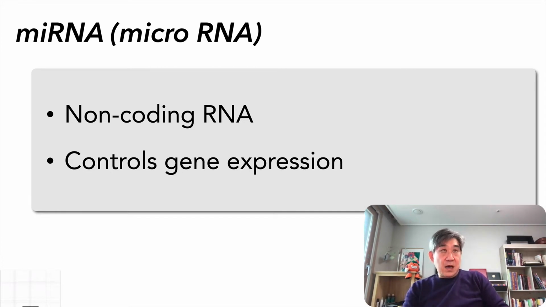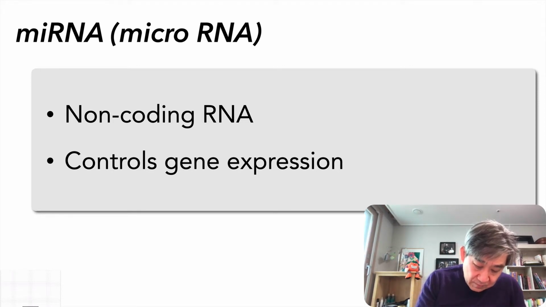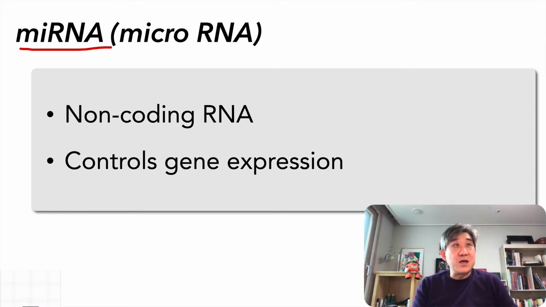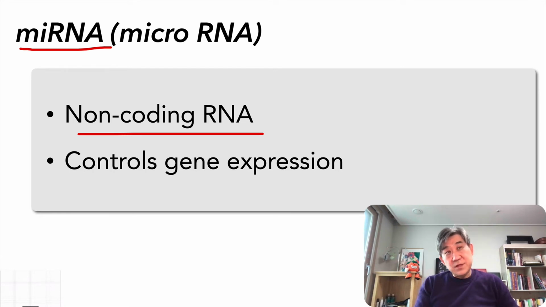One is called the microRNA, abbreviated as miRNA. These microRNAs are, once again, non-coding RNA, and one interesting property of microRNA is that even though they are non-coding RNA, the sequence of microRNAs very strikingly resembles the messenger RNA.